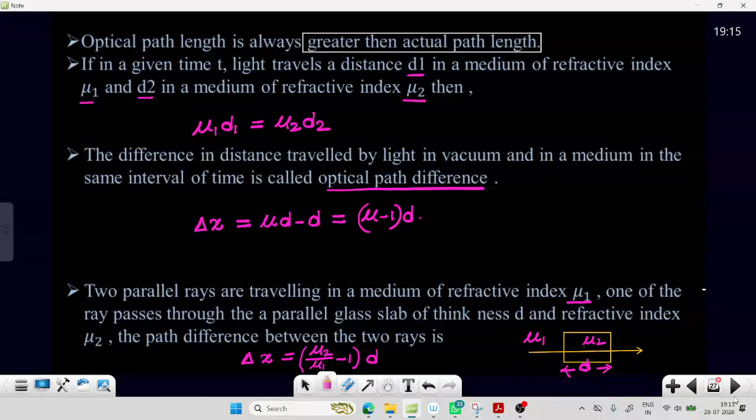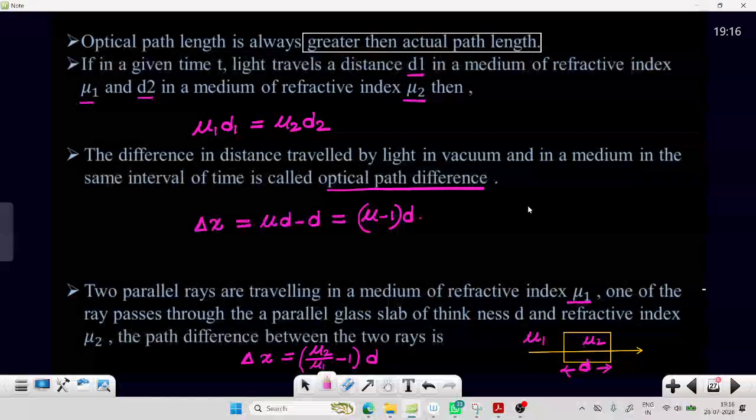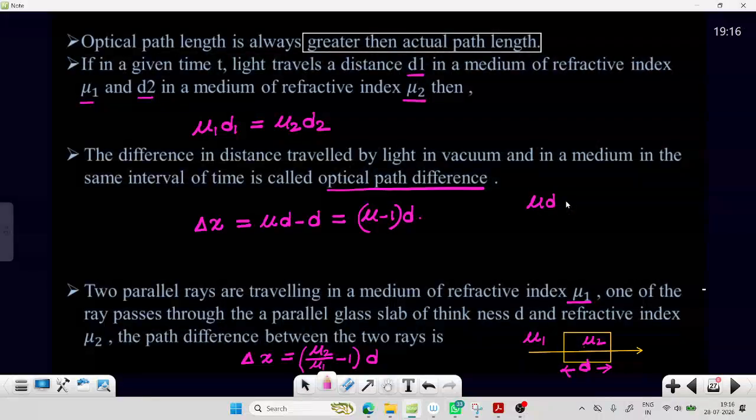Sir, can I explain these last two points again? The optical path difference means the difference between the optical distance, which is mu d, and the actual distance, which is d.